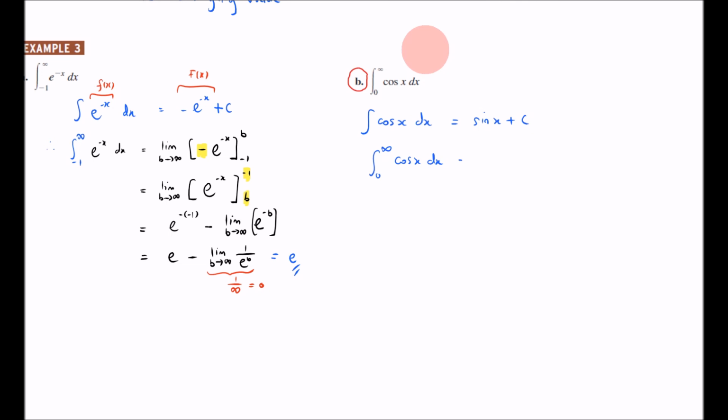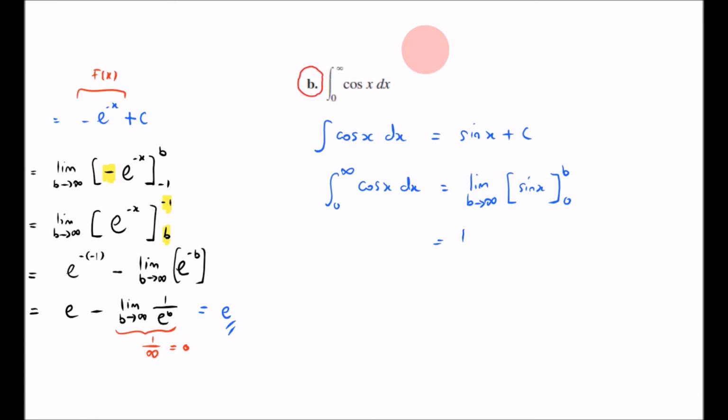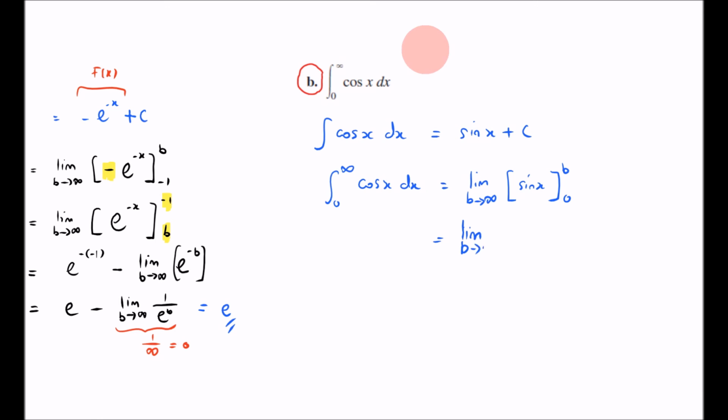So the limit as b approaches infinity of sine x from 0 to b becomes the limit of sine b minus sine 0, so you get the limit as b approaches infinity of sine b.